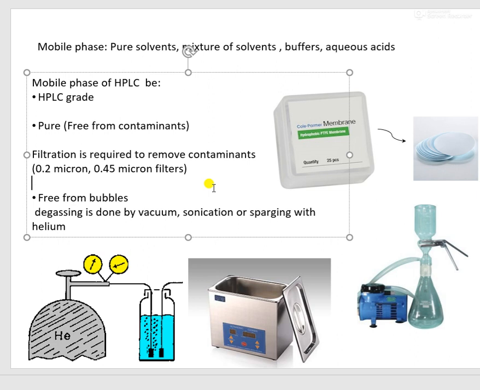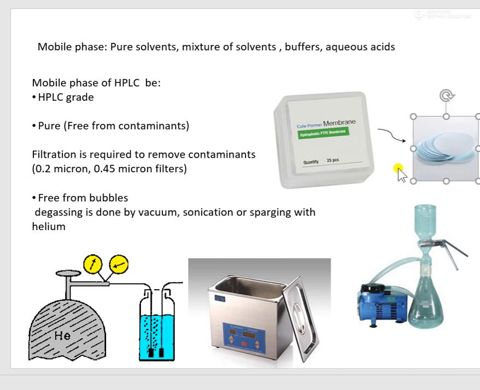Say if you want to filter methanol or acetonitrile, 0.45 micron filters will serve the purpose. This is the image of your filter. They are available in nylon or cellulose nitrate.